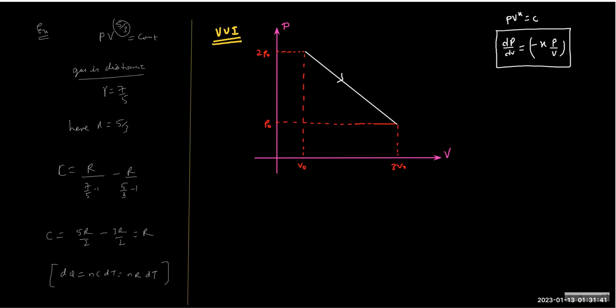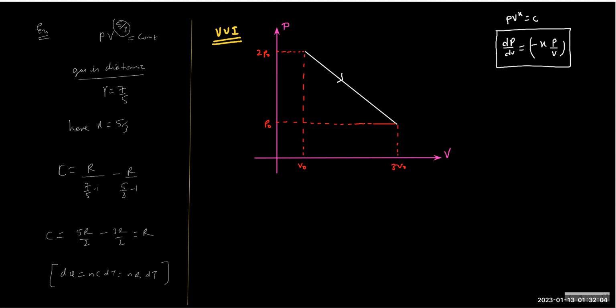How to solve a question like this? There's nothing given. It's really sad. So what can you do? One thing you can find for sure is the area under the graph, which is the work. But apart from work, can you find anything else?